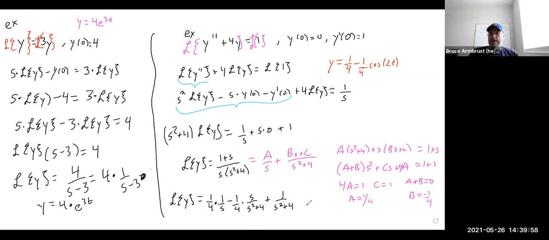Now for this one, we actually needed 2 over s squared plus 4. But that's easy enough to do: we just multiply top and bottom by 2. So that's actually 1/2 times 2 over s squared plus 4. When I bring that back to my solution, I get plus 1/2 sine of 2t.